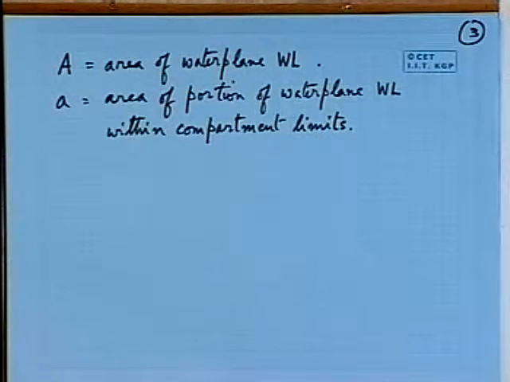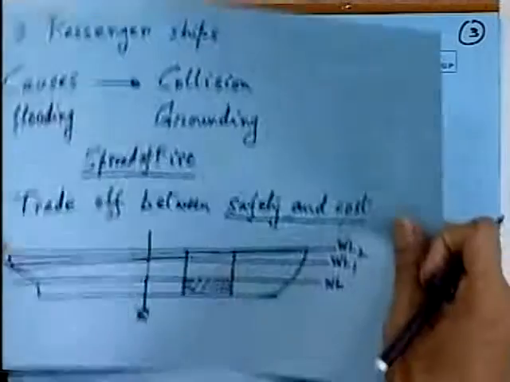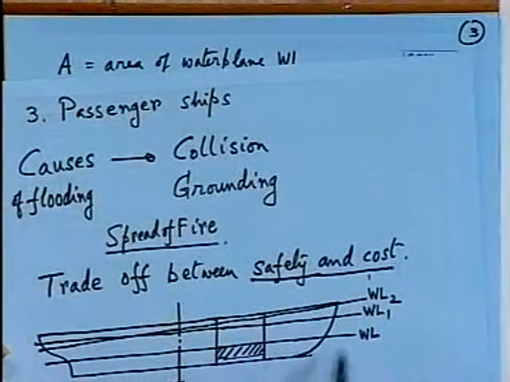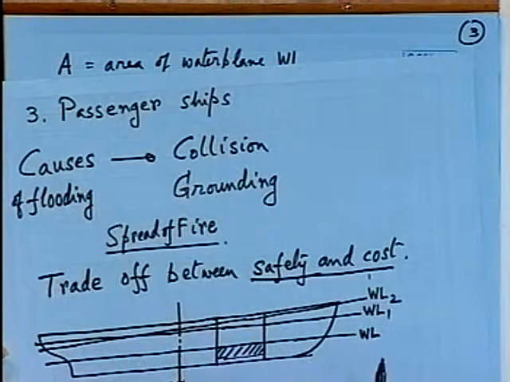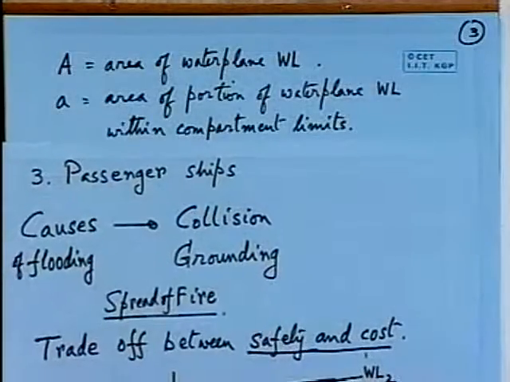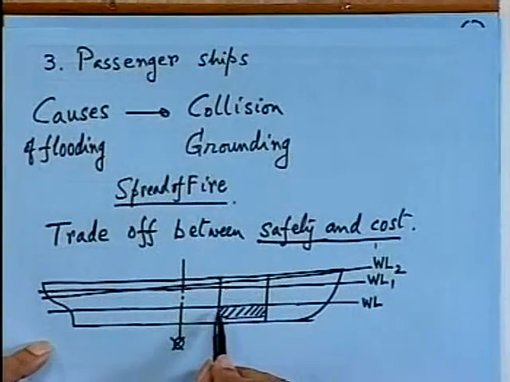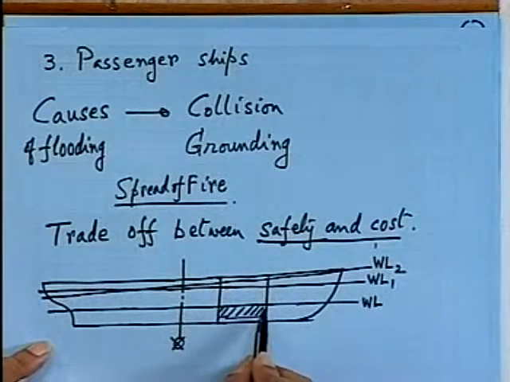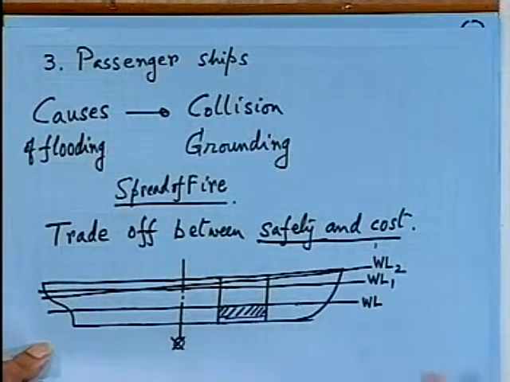So, if you refer to this figure, A is the total water plane area at WL and small a is this area of the compartment, that is within the compartment bulkheads, within the compartment boundaries.